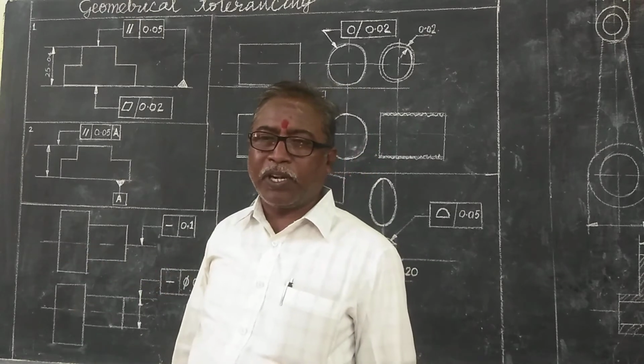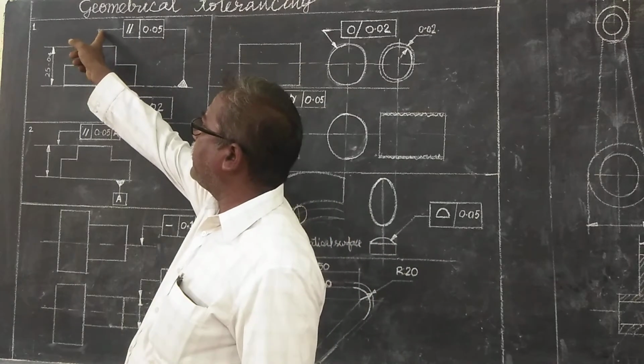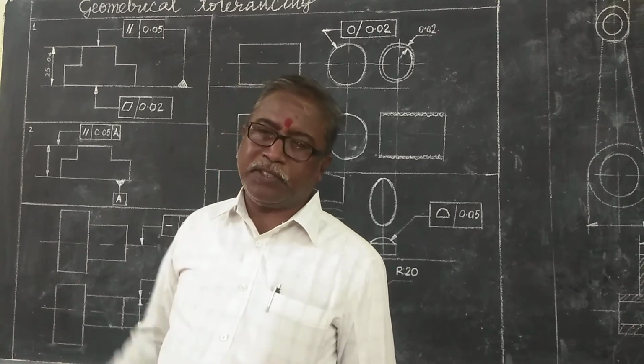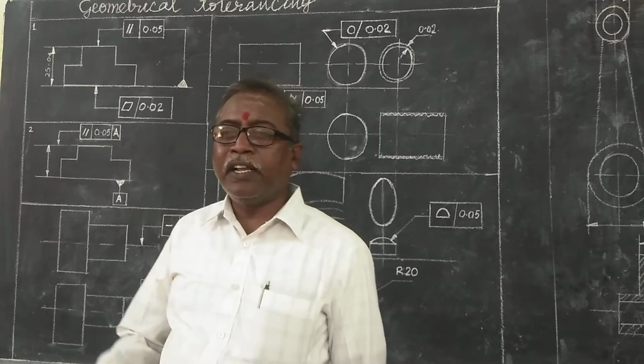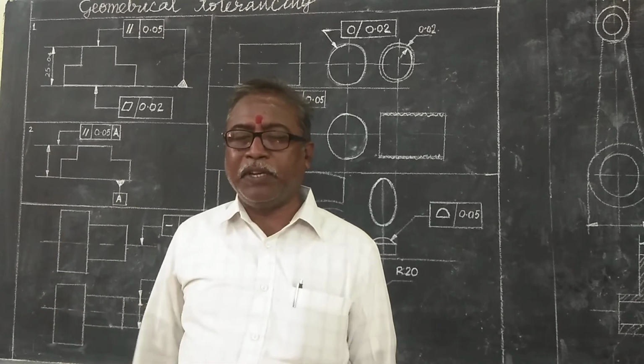That is also important. Whatever the angle is, the leader line is given exactly at 90 degrees to the surface. Leader indicates that it guides. A leader shows the way. That's why the name leader line is given.